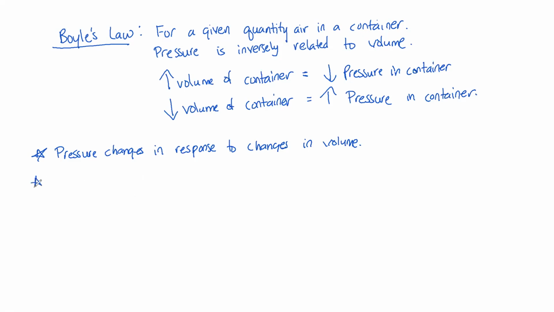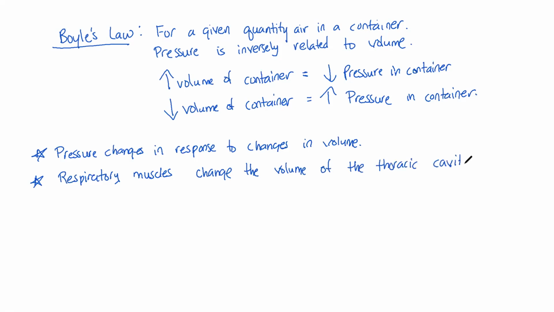So what's responsible for these changes in volume are going to be the respiratory muscles. So the respiratory muscles change the volume of the thoracic cavity. And as a result, the pressure changes.